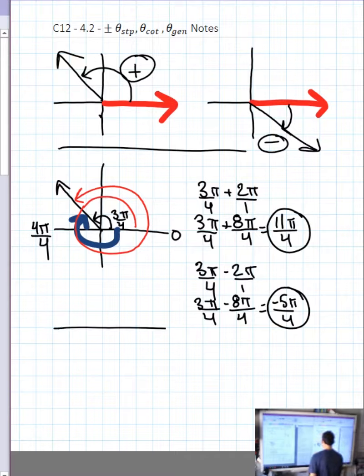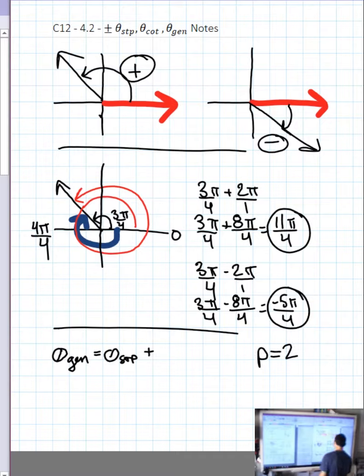Now, lots of the times they ask for what's called the general solution. Theta general is equal to theta STP, given or found, plus P n, the period times n. Now, in this case, the period is equal to 2 pi because that's the difference in the terminal arms from getting to it and getting to it again.